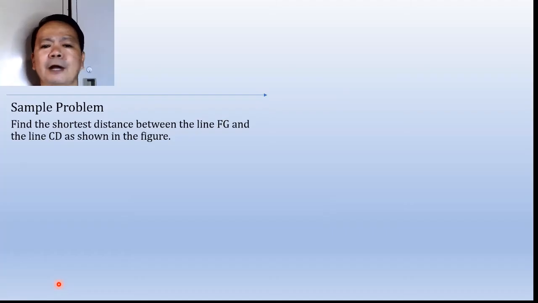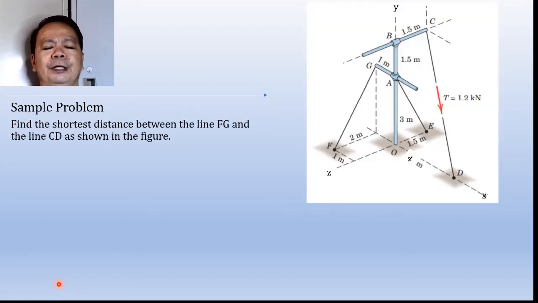In the problem, we are required to find the shortest distance between the line FG and the line CD as shown in the figure. The figure looks like a post that is supported by different cables connected from different points.